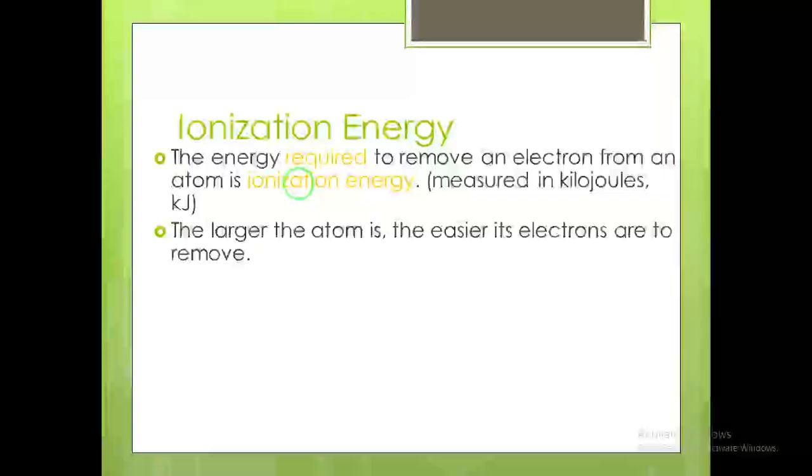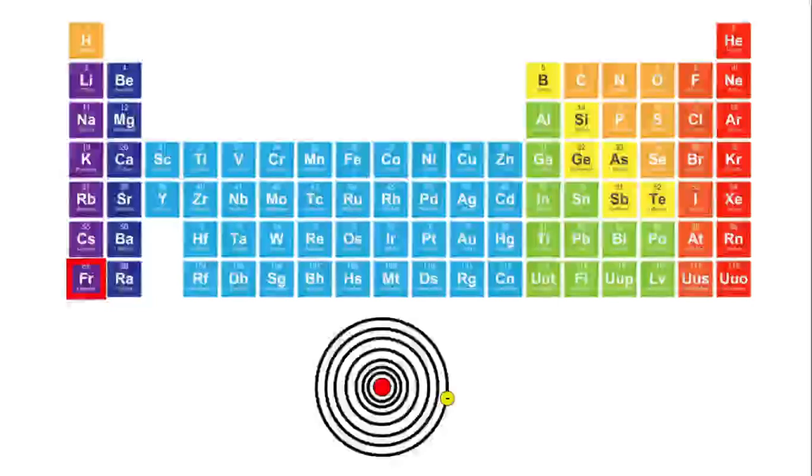The larger the atom is, the easier it is to remove the valence electron. That means an atom with a bigger atomic radius will easily give out its electron compared to one with a smaller atomic radius.